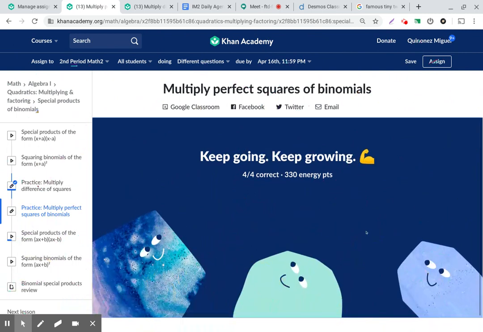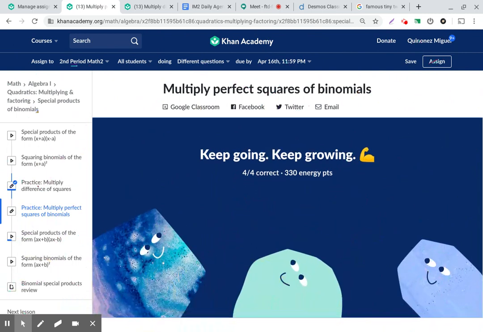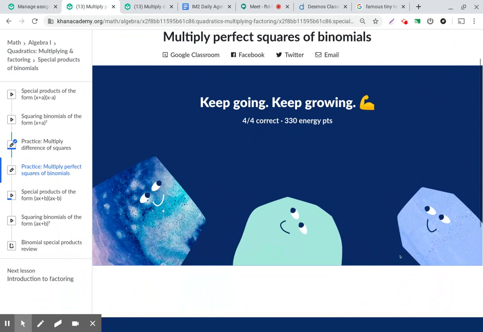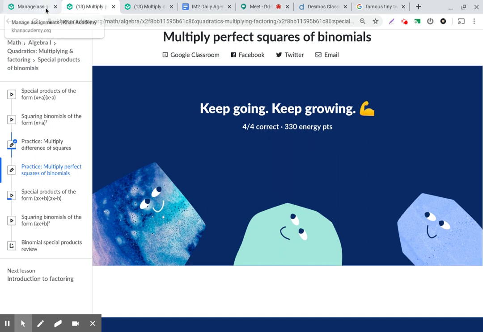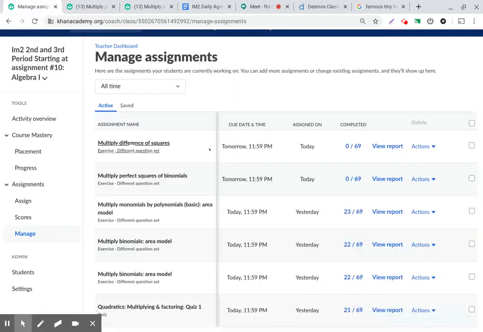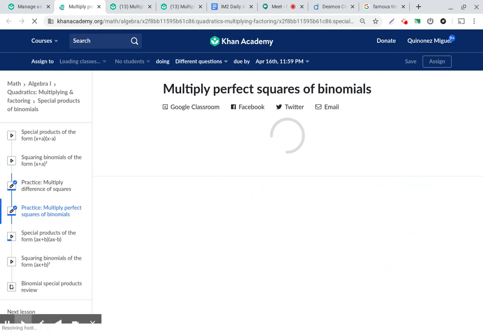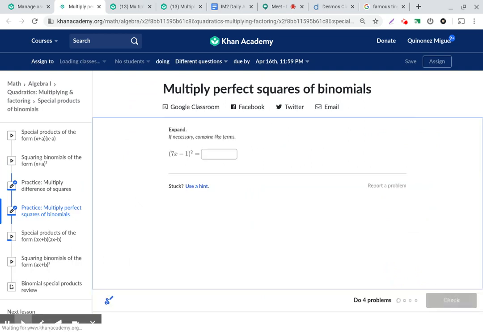Yeah, I'll start that one again. And if you want to write in your notes, the identical twins is called perfect squares, and then the other one's called difference of two squares.